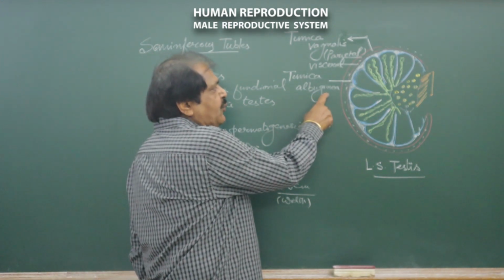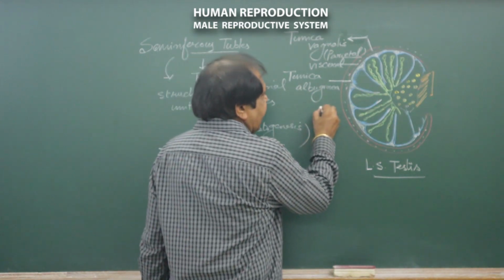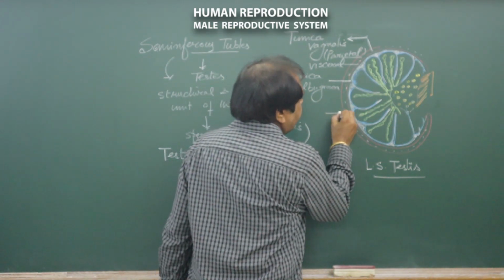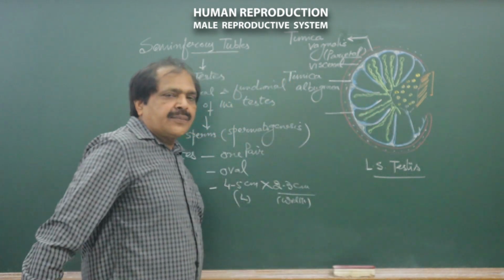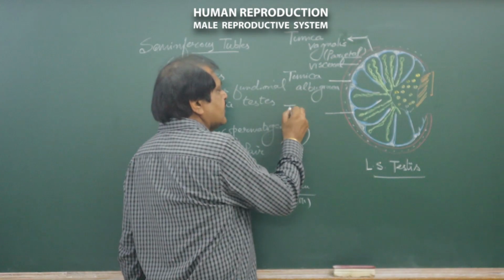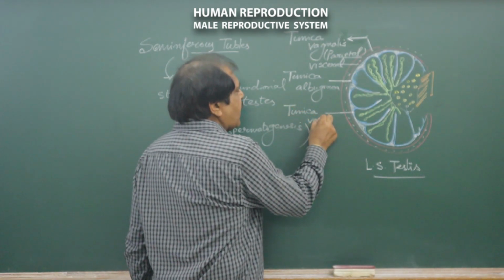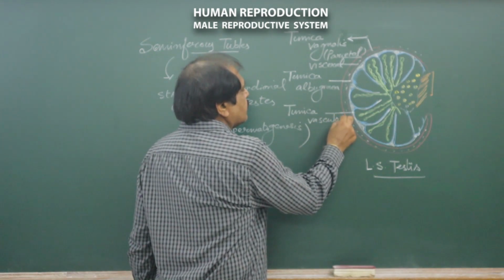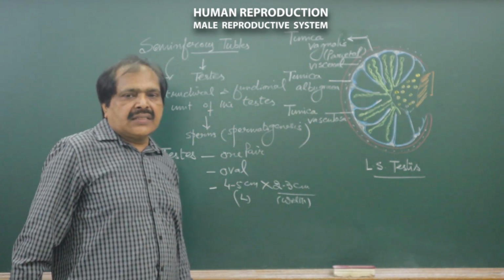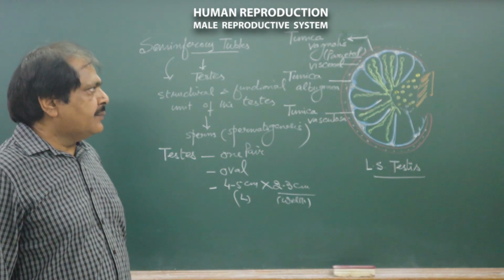Inner to the tunica albuginea, there is the third layer with this blue chalk. This is known as tunica vasculosa, because it is rich in blood. It is rich in blood vessels.